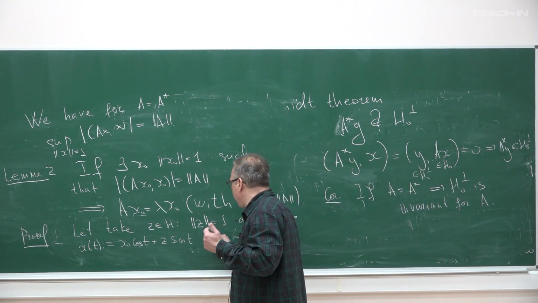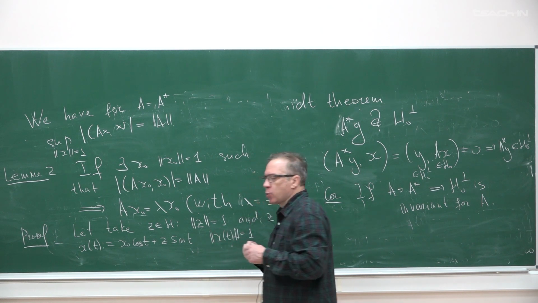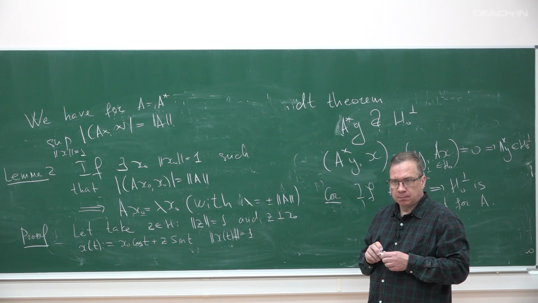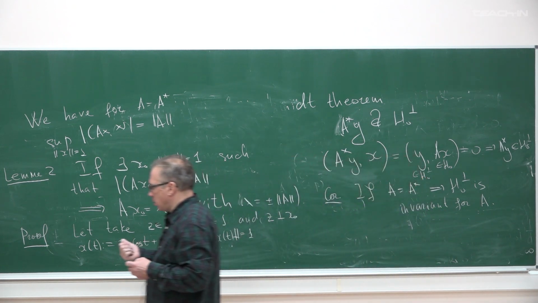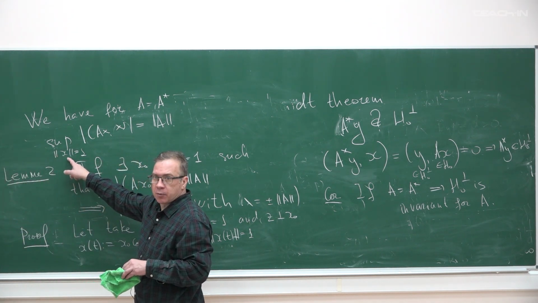Of course, by the Pythagorean theorem, the norm of this vector is 1. So it lies here on the unit sphere.